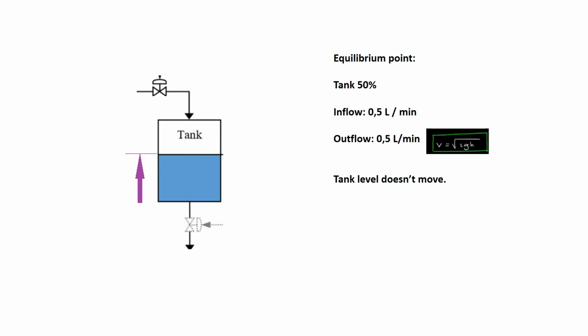It's not because we have regulated it, but simply because depending on the height of the tank and the section area of the outlet, the outflow will be automatically established. If the tank is very high, at the bottom of the tank the outflow will be higher, and if the level of the tank is very low, then the outflow will naturally be less because there is less pressure at the exit. In any case, we're going to be working around an equilibrium point, and we will take it from there.